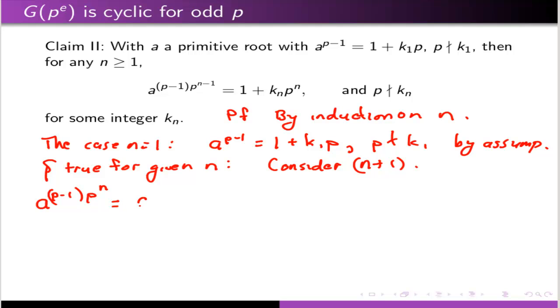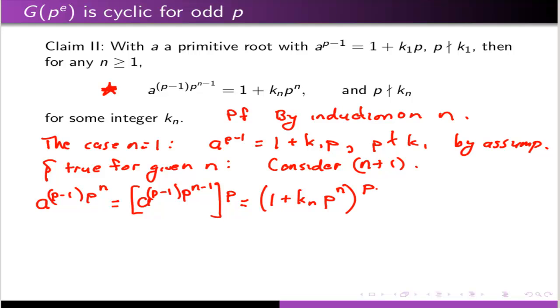So that would be a to the p minus 1, p to the n minus 1 power raised to the pth power. By the induction assumption, which is our start equation, this is 1 plus kn p to the n raised to the pth power.